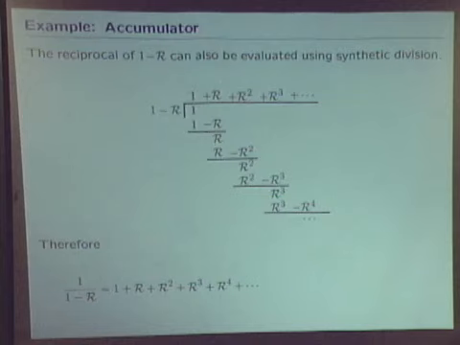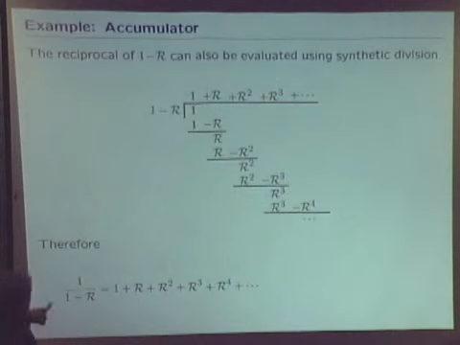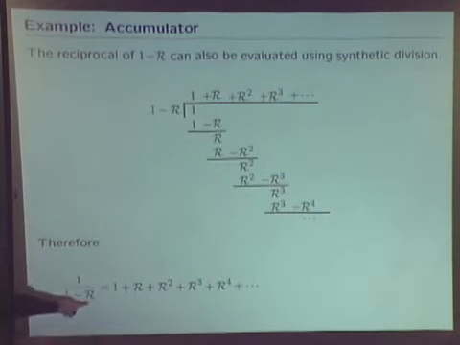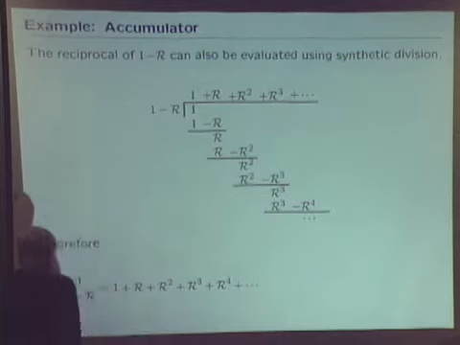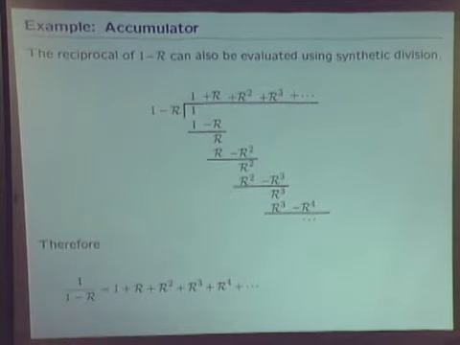Now I've defined what reciprocal means. Reciprocal means that thing in the last slide. So now, in fact, I know from the last slide, the reciprocal of 1 minus R is 1 plus R squared plus R cubed, and so on. And that follows the normal rules of polynomials.